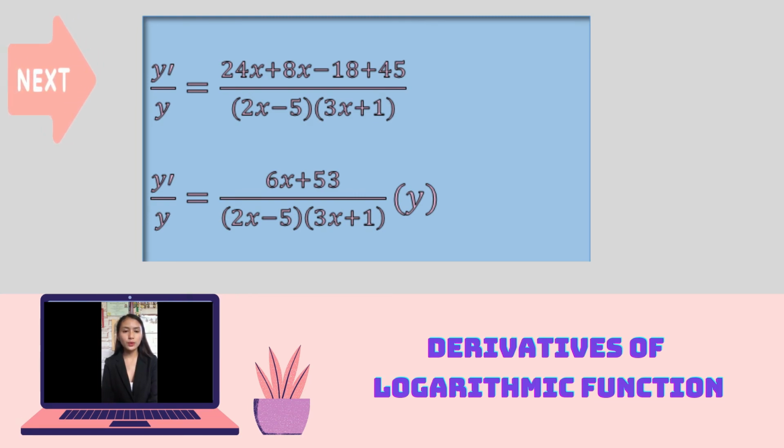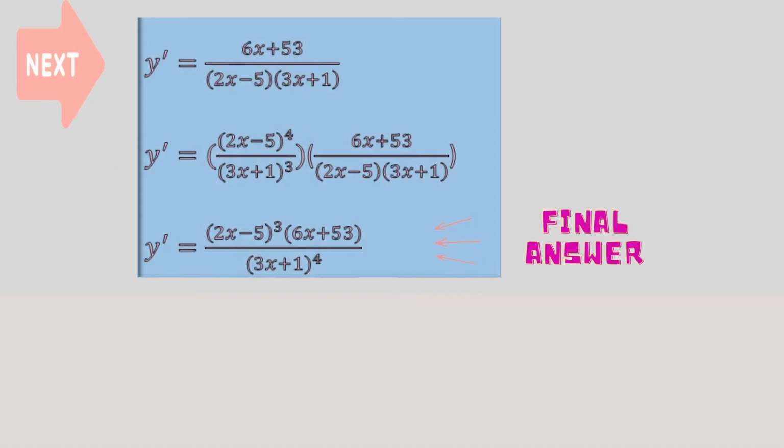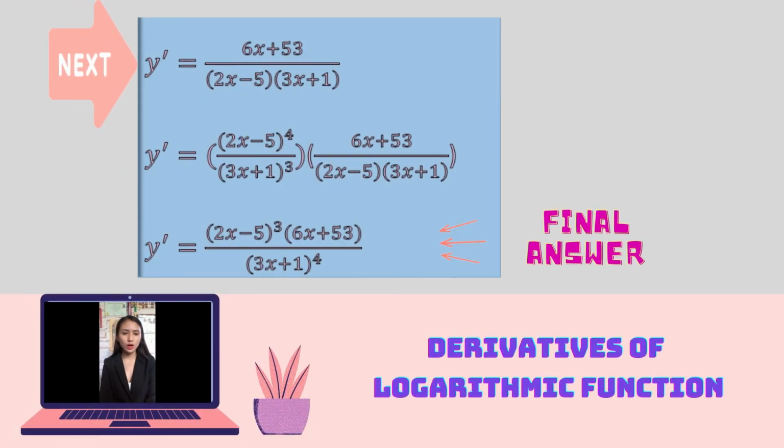Then we will multiply both sides of the equation by y, which will serve to eliminate the y. Then we have y prime equals y times 6x plus 53 over 2x minus 5, 3x plus 1.